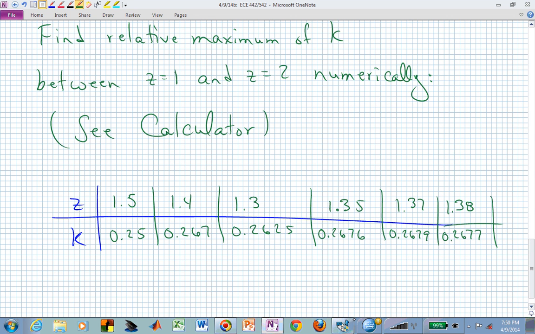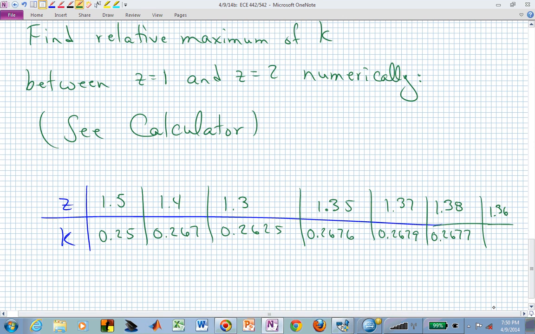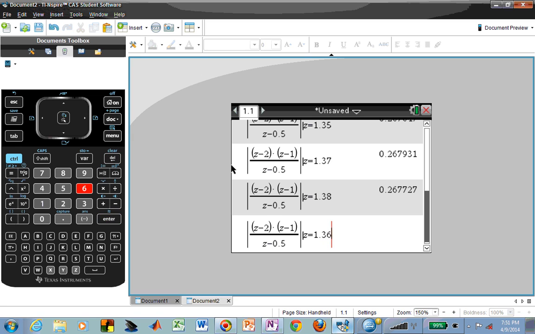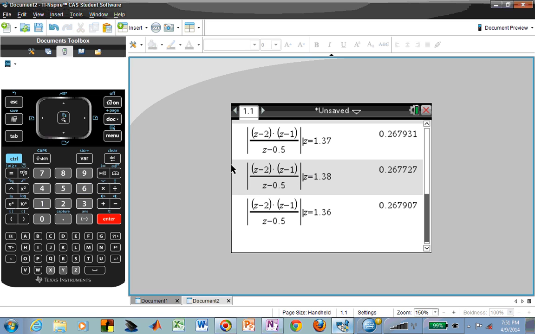And if we looked at just one more point, let's say 1.36, just to see if that's any bigger than 1.37, because we went towards 1.4 and now we want to go back to 1.35. So now if we go to 1.36, and again, you wouldn't have to do this on an exam, and for practical purposes of sketching, you're not going to need this much accuracy. This is now 0.2679.